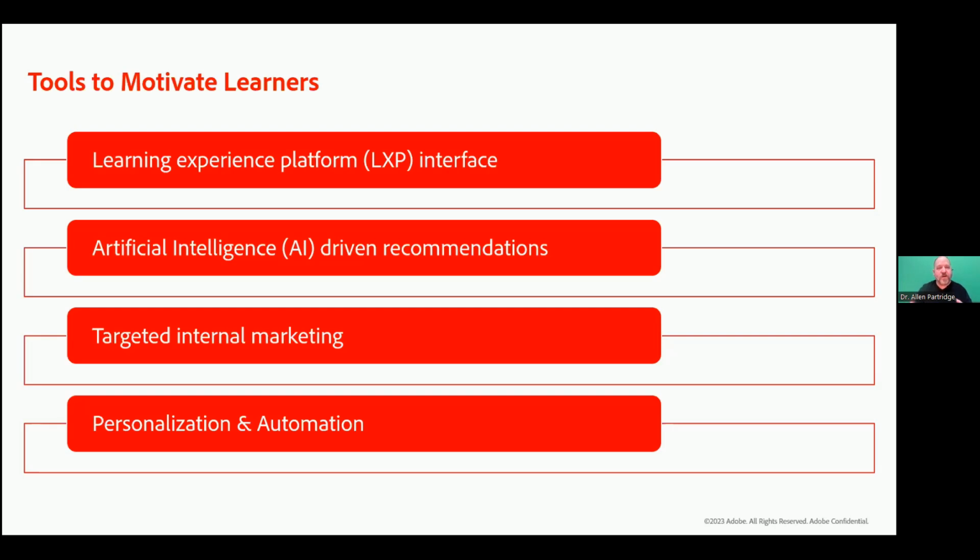And then the other thing to note is that personalization can be a part of the automation flow. So you can use personalization to recognize people, but you can also use it to automatically enroll people or invite people to further courses and content.